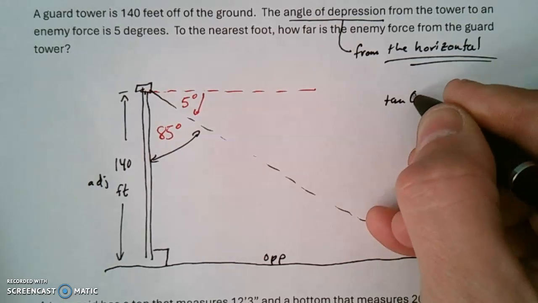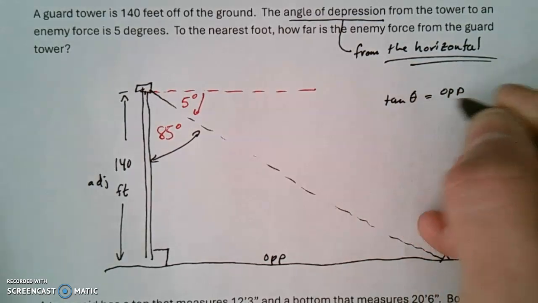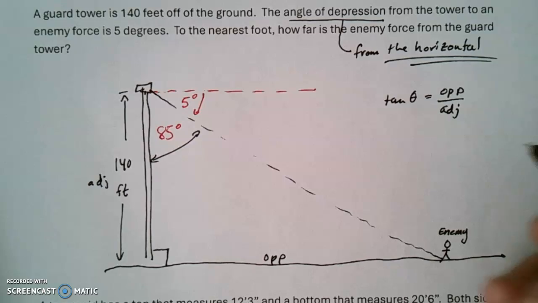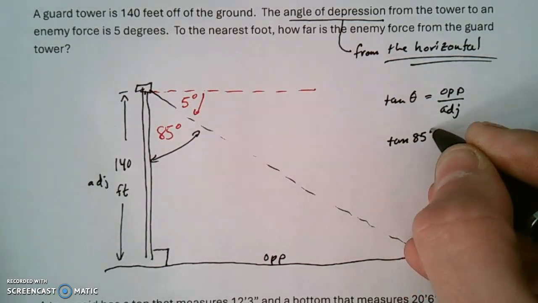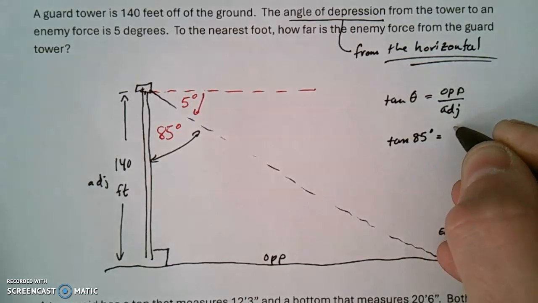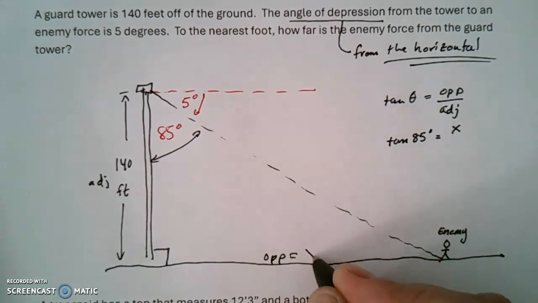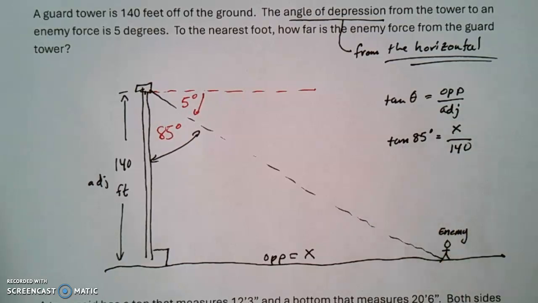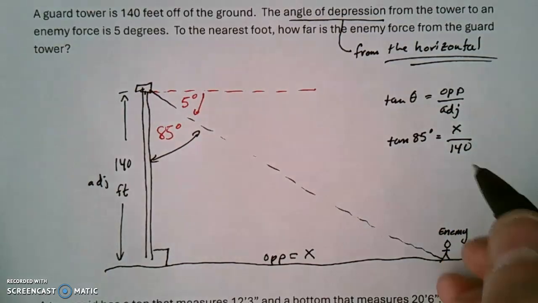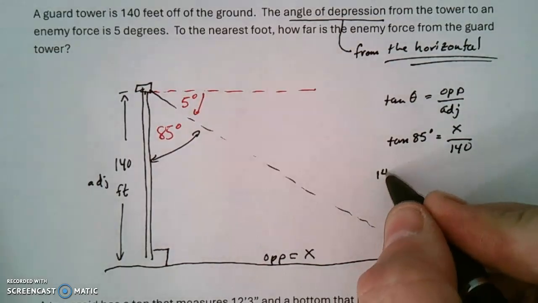Tangent of theta equals opposite over adjacent. Theta, in this case, is 85 degrees. Opposite is my unknown over my adjacent. Solve this equation by multiplying by 140.